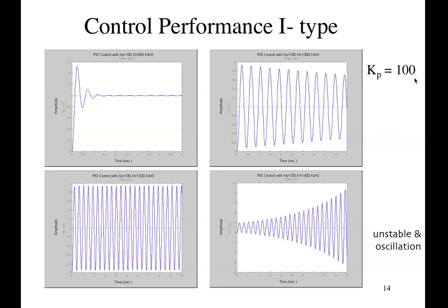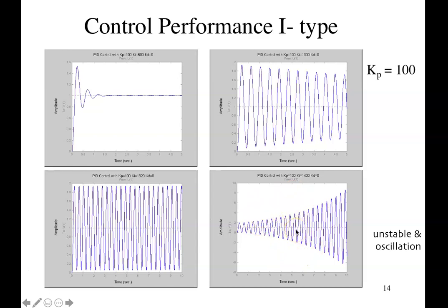Okay, if I increase that a bit more, you can see the amplitude of the sine wave doesn't even reduce. It actually goes on and on forever. If you go to the bottom left and increase the gain even more, then this sine wave gets worse and worse. Now this is a condition we call unstable.